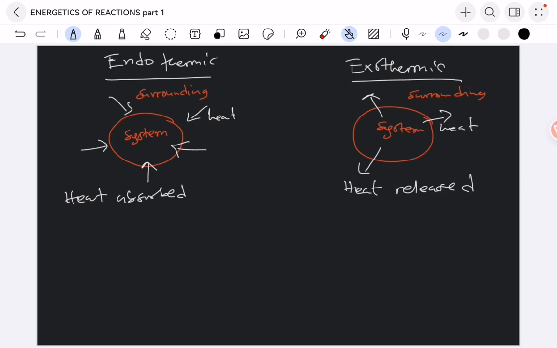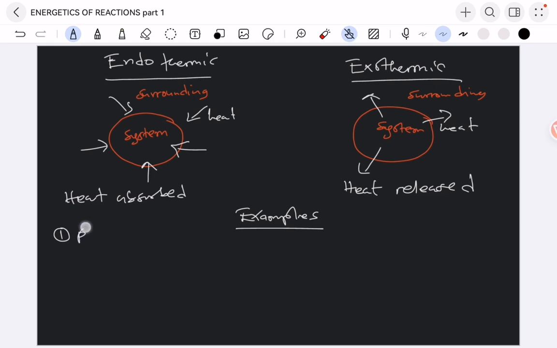Now, this can also be described using bond energies, but we will be able to describe that later in the tutorial. For now, we can just look at the examples of endothermic and exothermic.